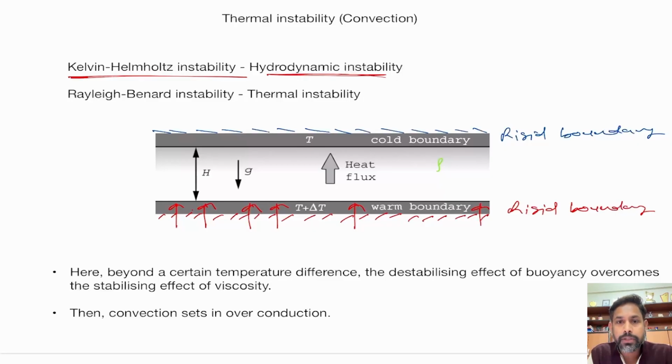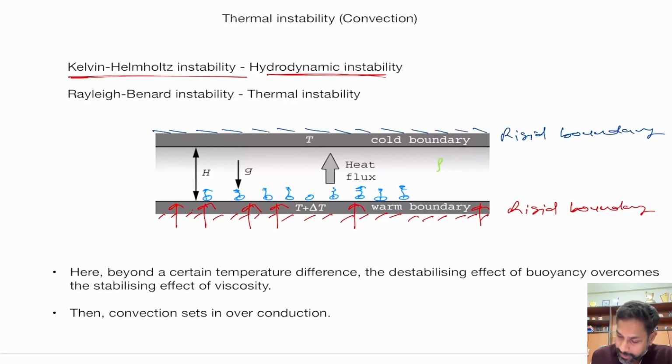But what happens when you continuously heat it, or if you increase the value of delta T, so the temperature difference becomes significant that it starts moving the fluid molecules. So originally the heat transfer is happening only in the form of conduction, but slowly these fluid parcels become buoyant, they start moving up themselves, right? They start rising up.